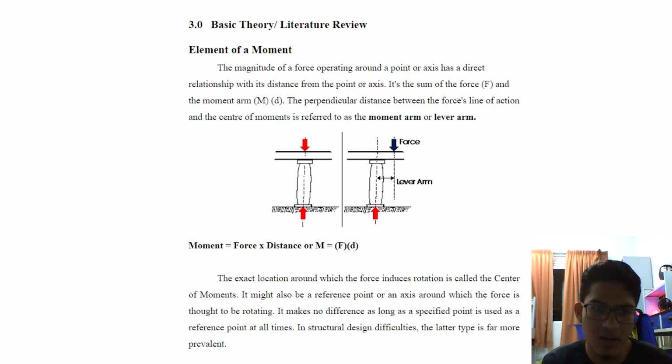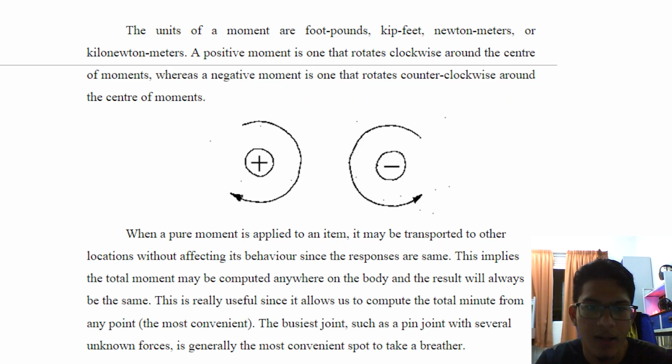It makes no difference as long as a particular point is used as a reference point at all times. In structural design problems, the latter type is much more common. Then, the units we use for moment are foot-pound, kip-foot, Newton meter or kilonewton meter.